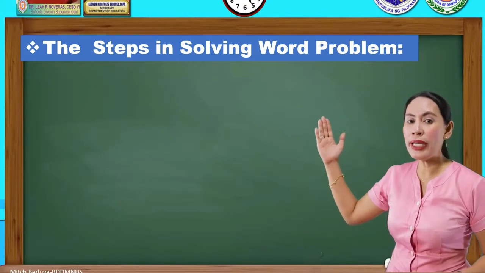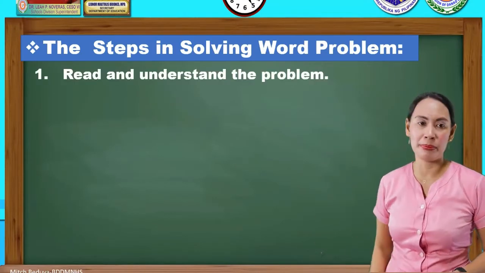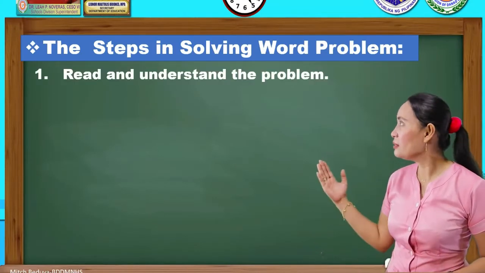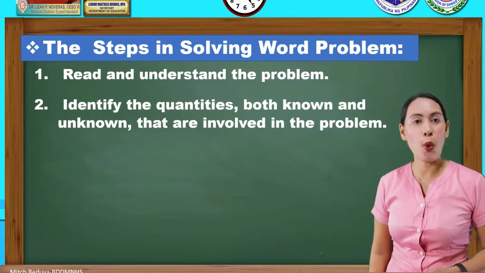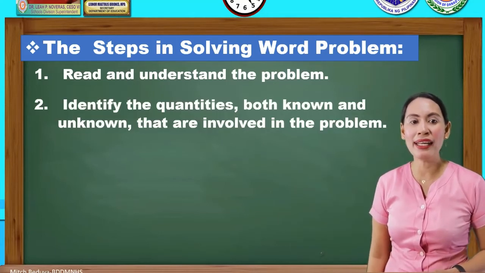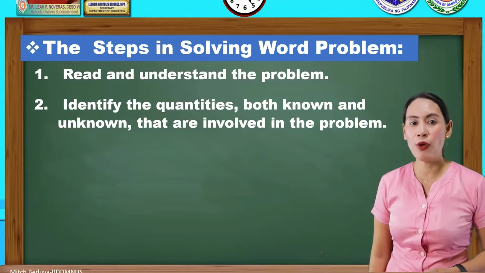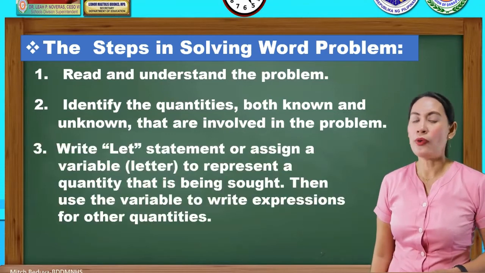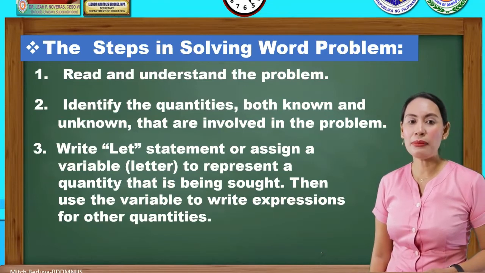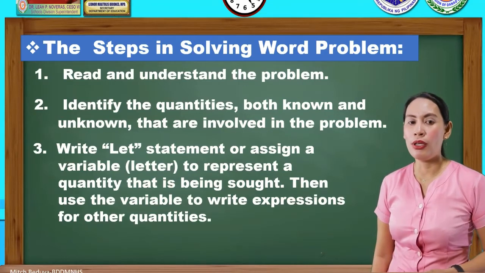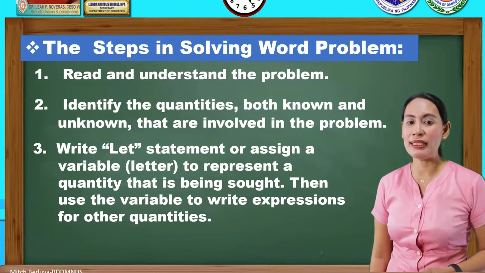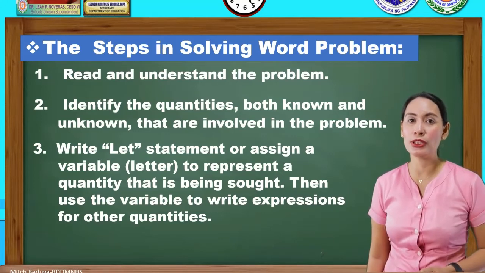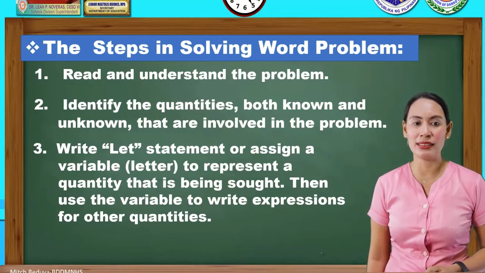First, read and understand the problem. Second, identify the quantities, both known and unknown, that are involved in the problem. Third, write a let statement or assign a variable to represent a quantity that is being solved. Then use the variable to write expressions for other quantities.